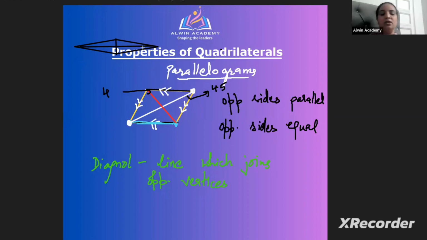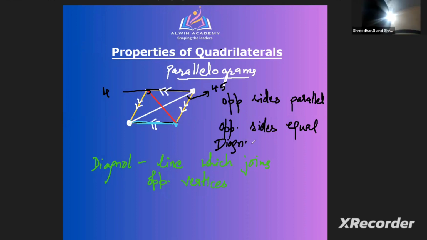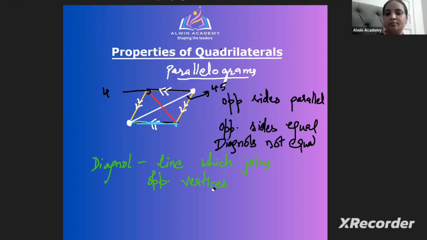So for now we have understood that the diagonals of a parallelogram are not equal. Got it, bacha? Now I'm coming to the angles in this. So for angles, let me clear this a little.